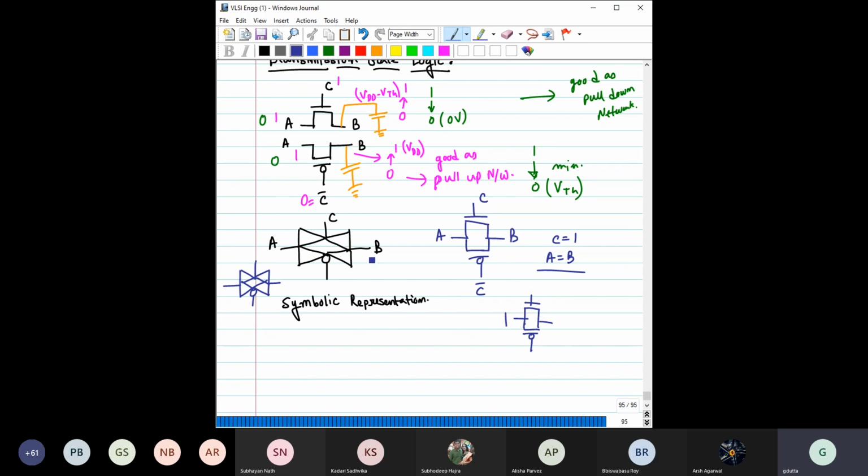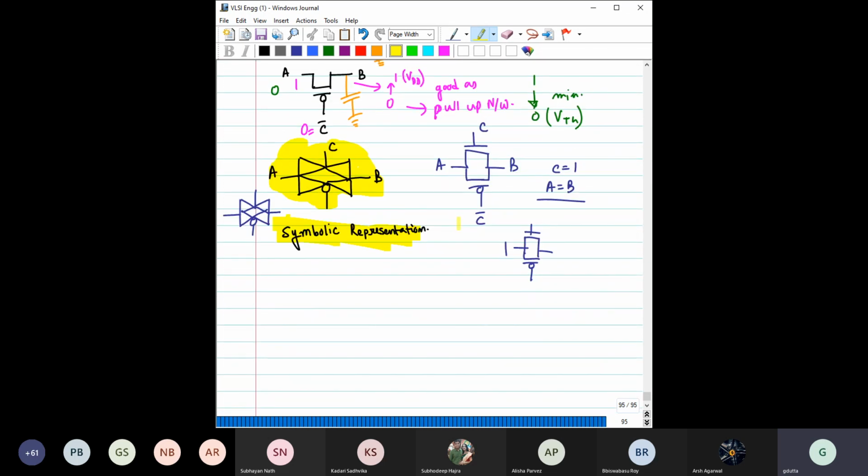This is just for your information that if you see this symbol somewhere, it indicates the transmission gate itself. So please note it down, but I will probably not be drawing it here anymore.